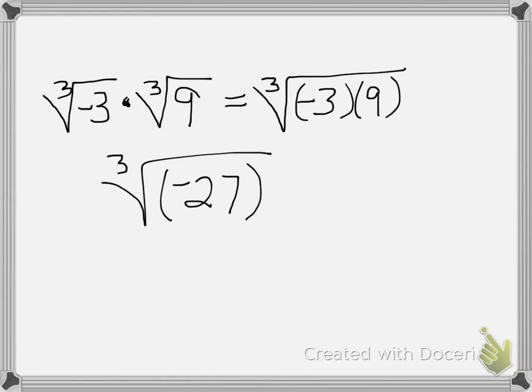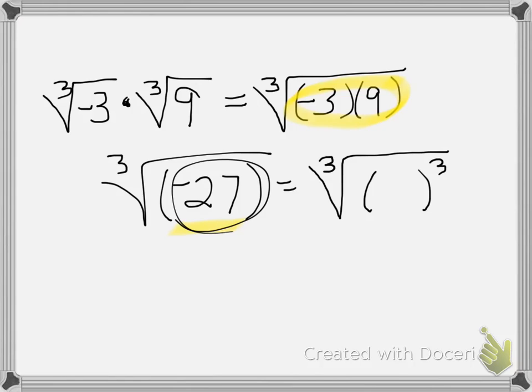So all I did was multiply these to equal here, changing the form, and now I'm going to change the form again. I know that if I have an index of 3, I'm looking for what can I take to the third power that will equal that -27.